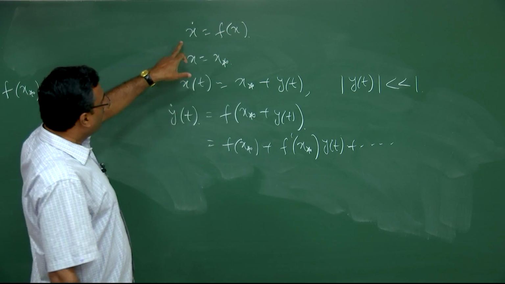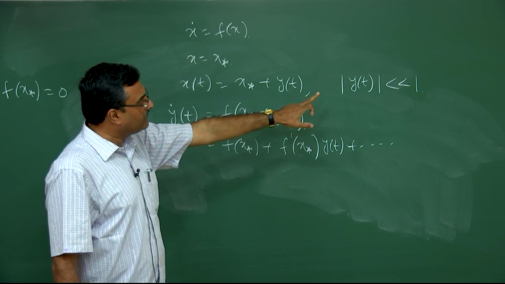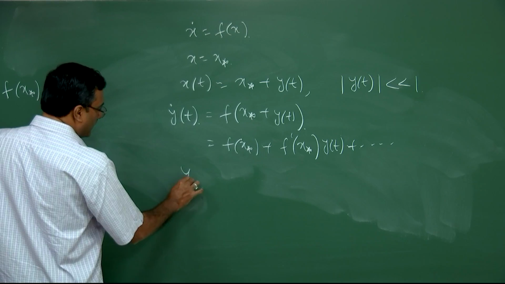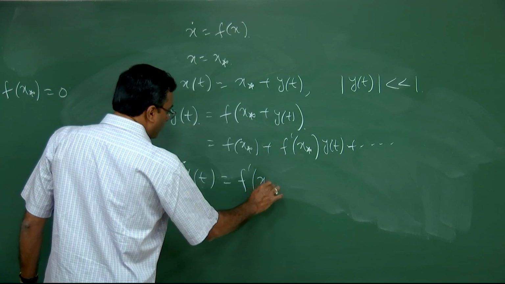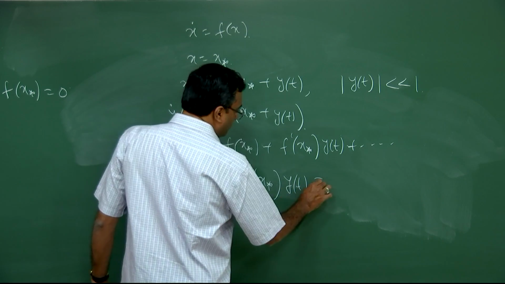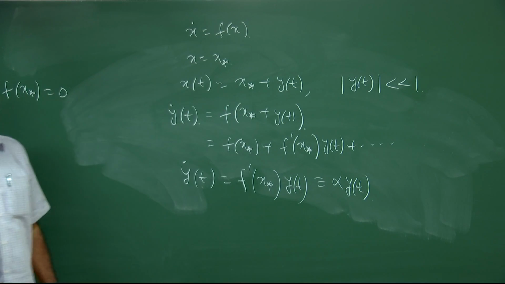Then from this equation, using this approximation with the assumption that y(t) is much less than 1, you have this linear equation: y dot(t) is equal to f'(x*) times y(t). Equivalently, you can consider this as alpha y(t).